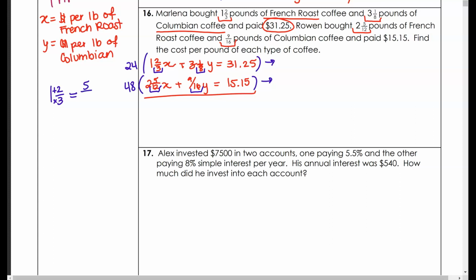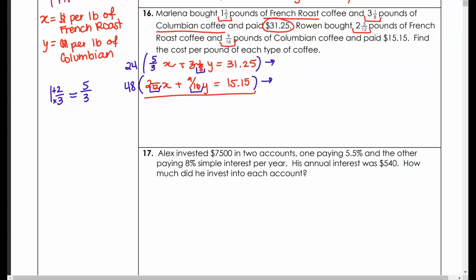So this is the same thing as saying 5/3. I'm converting into improper fractions, so this is going to be 5/3.